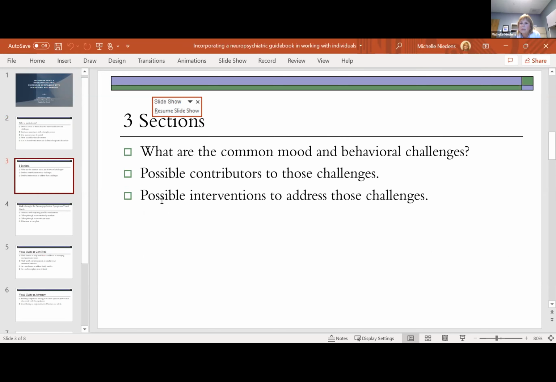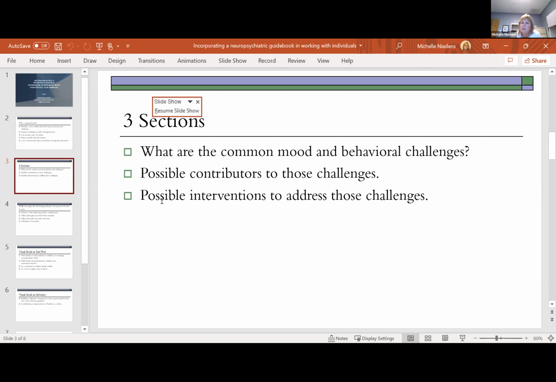So we're going to go through the guide here in a minute, but there's three distinct sections. The first one being, what are common mood and behavioral challenges? What are we really talking about? And it's not just the problematic behaviors. I consider behaviors such as isolation and withdrawal just as serious as I do agitation. The second is possible contributors to the challenges.